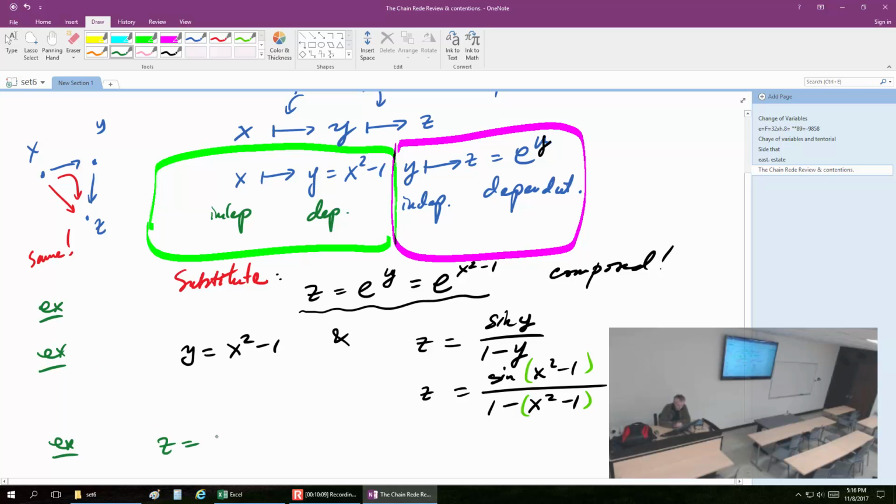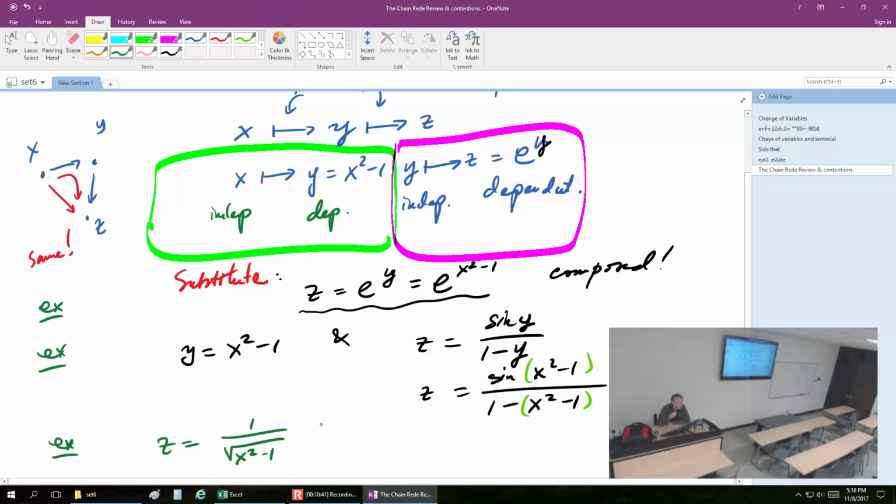Say z is equal to 1 over the square root of x squared minus 1. It takes a bit of practice, but seeing compositions is very important. In a way it is also substitution.